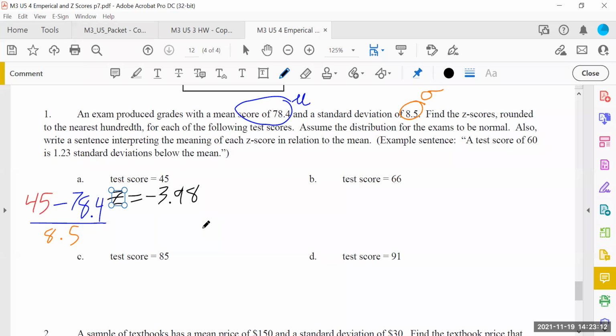So 45 minus 78.4. Do we all get negative 33.4? Divided by 8.5, 3.929. Okay, I don't know what happened there. Did I write these all in? Those are all written correctly. So 3.929, which is going to round to 3.93. Okay, I apologize for that. Thank you to the two of you for making sure that we had that right.